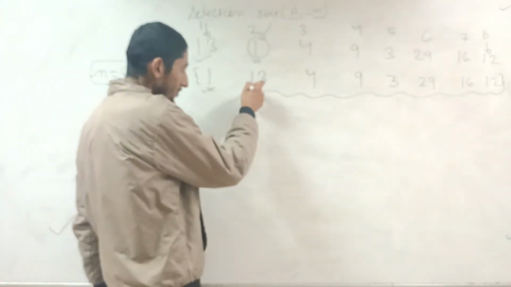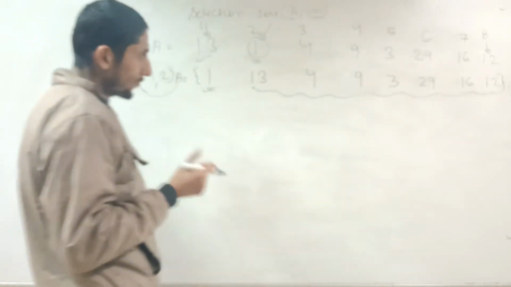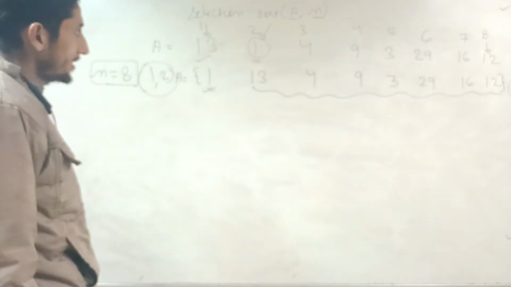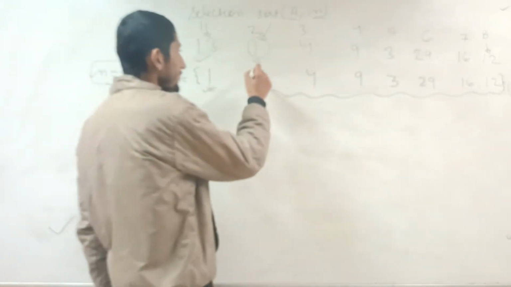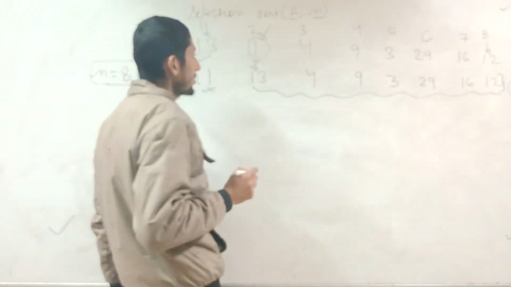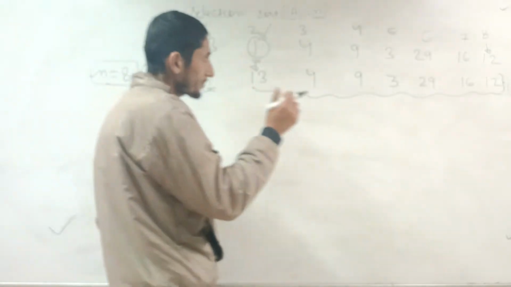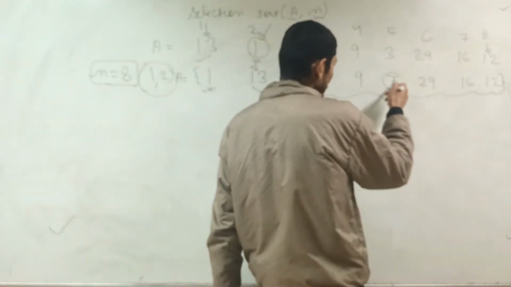Then I will repeat the complete algorithm. I will try to find the smallest number inside the array again, but this time I will start with 2. I am not going to start with 1. This time I will start with 2. So I will find the smallest element index as 5.